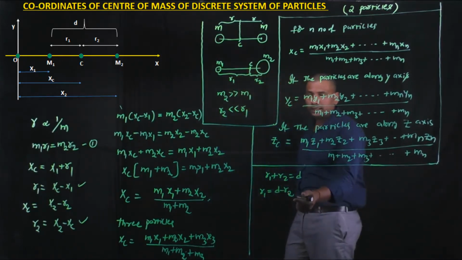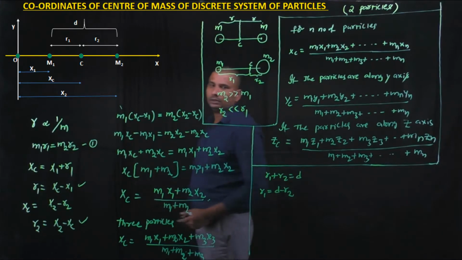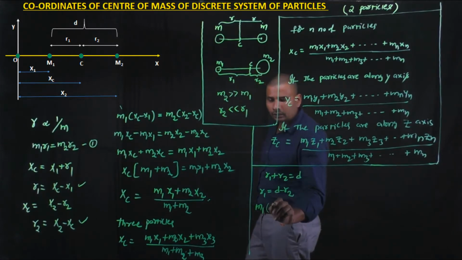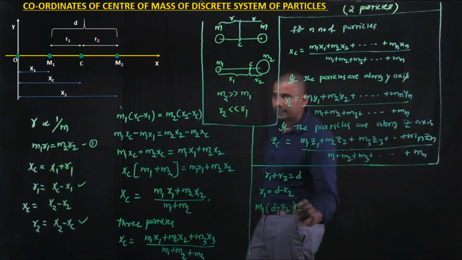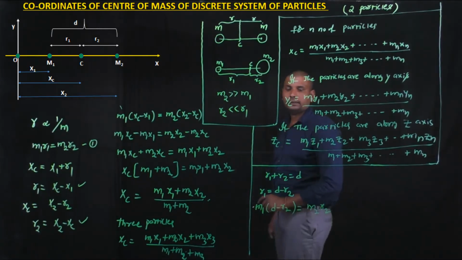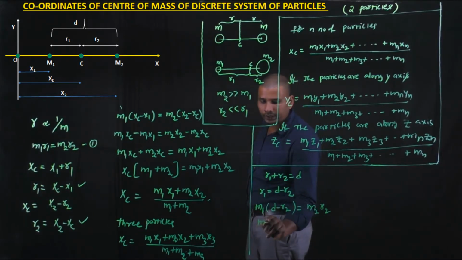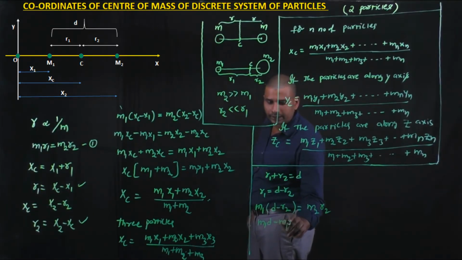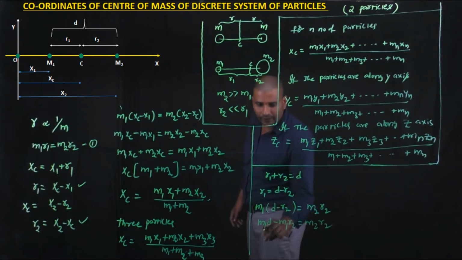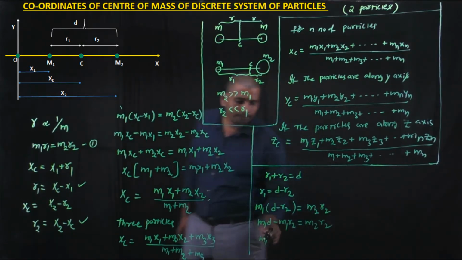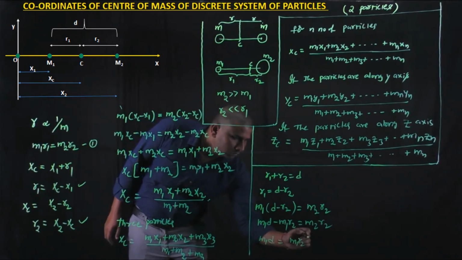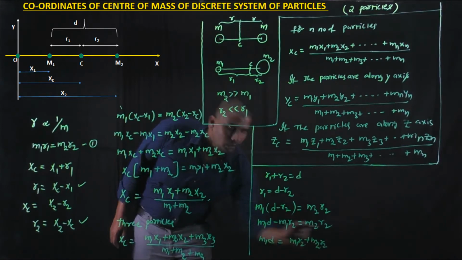Okay, by substituting the value of r1 in equation 1, we get m1 into d minus r2 is equal to m2 r2. By expanding the LHS, it is m1d minus m1 r2 is equal to m2 r2, and this can be written as m1d is equal to m1 r2 plus m2 r2.